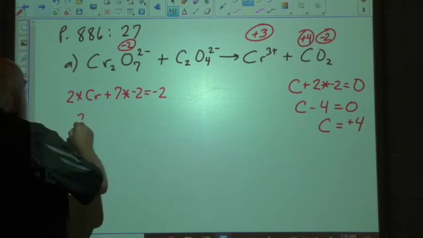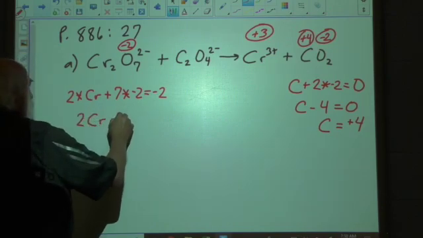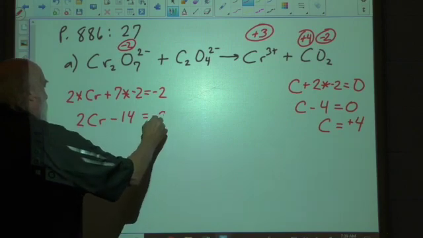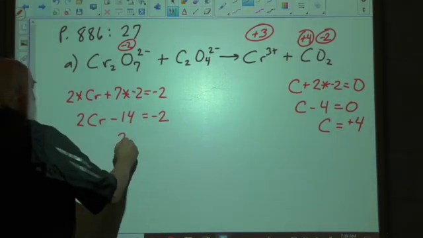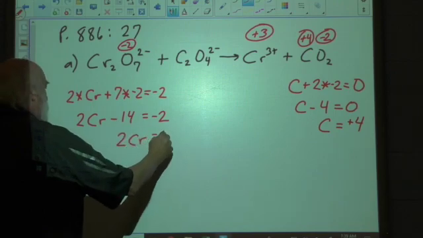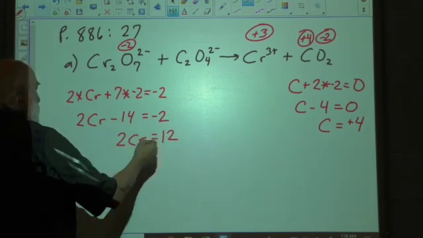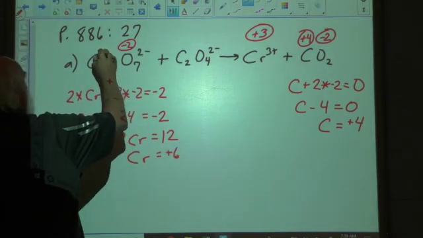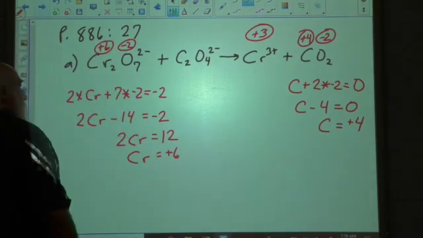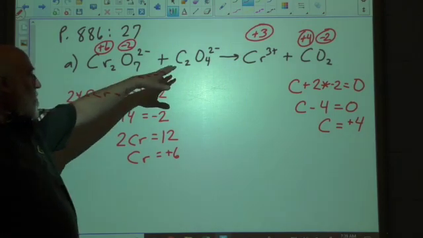So this becomes 2Cr minus 14 equals -2. So we add 14 to both sides. That means 2Cr equals 12. Divide both sides by 2, and Cr equals positive 6. So we'll put a +6 right there.